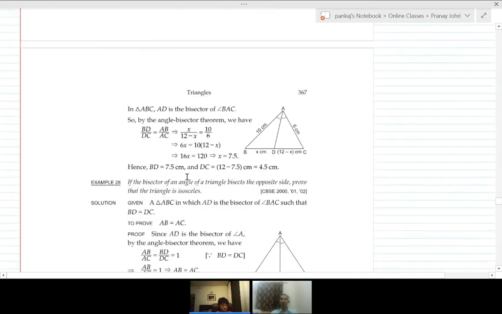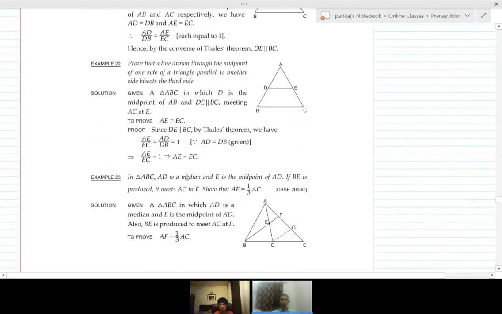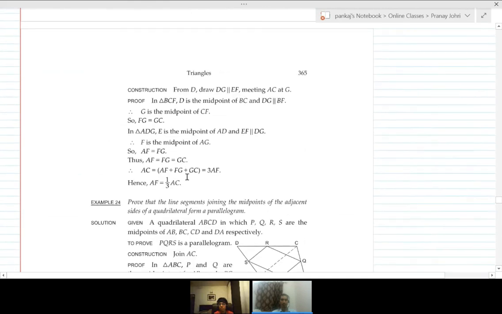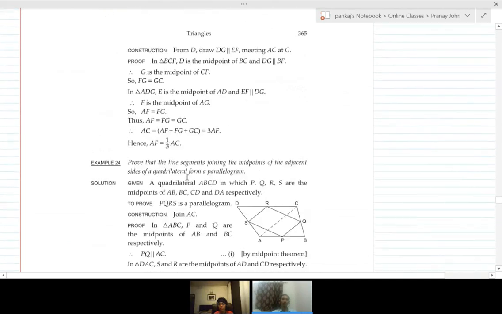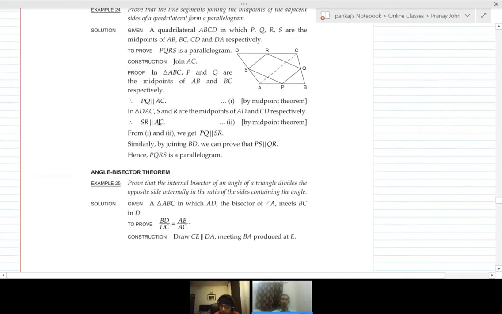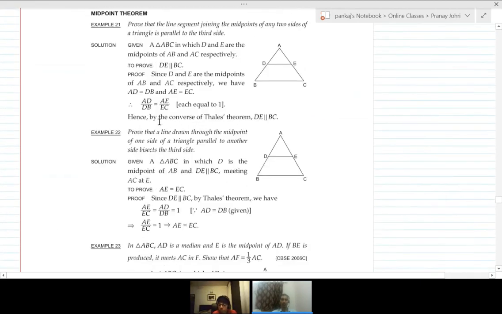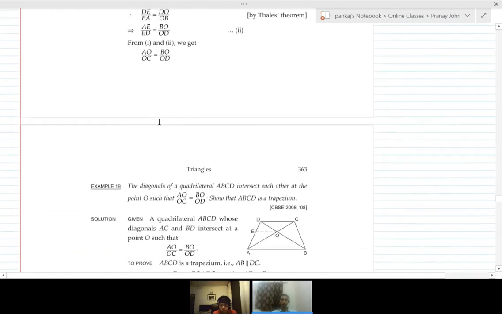So what I want to do is, just like this angle bisector theorem, this was on lines of this, but it is not in the syllabus exactly. So I didn't cover that.